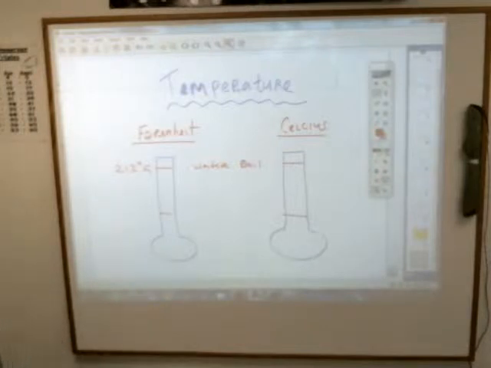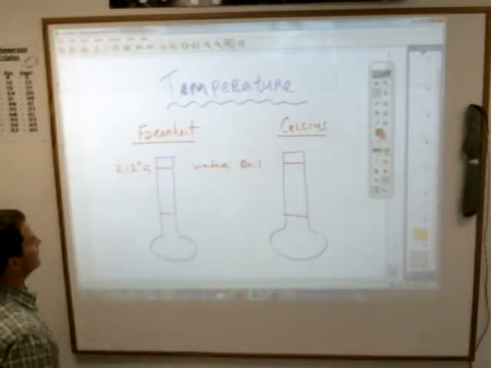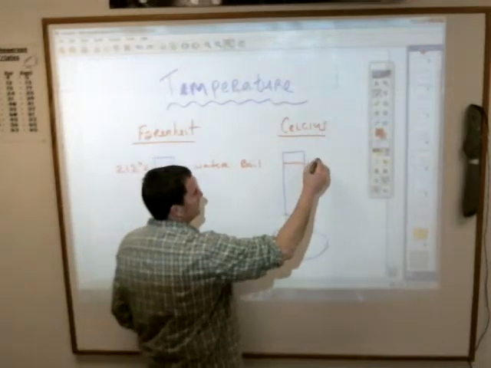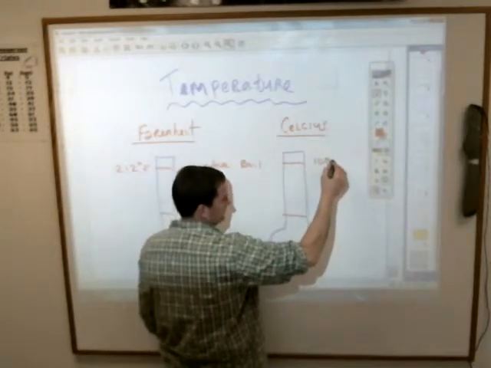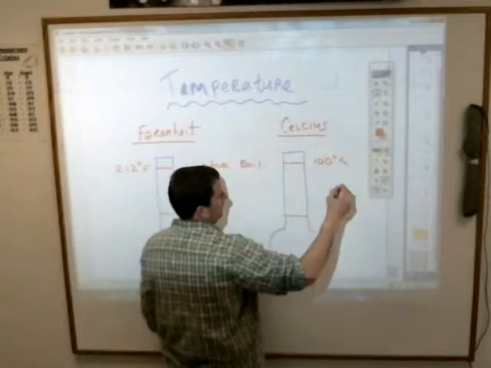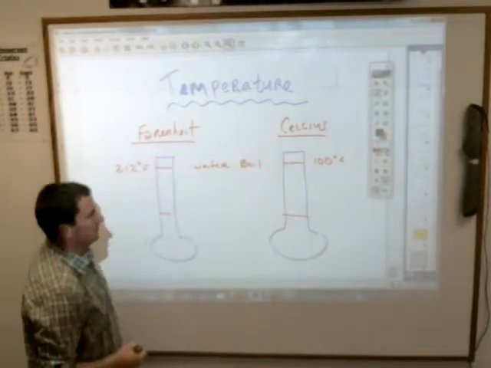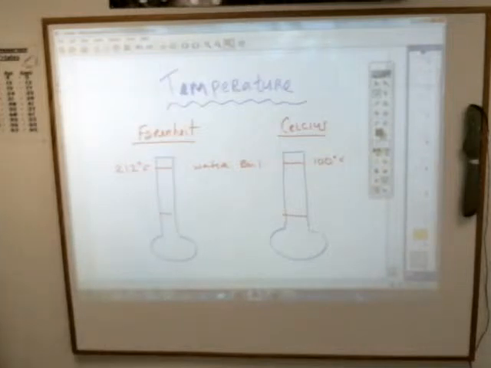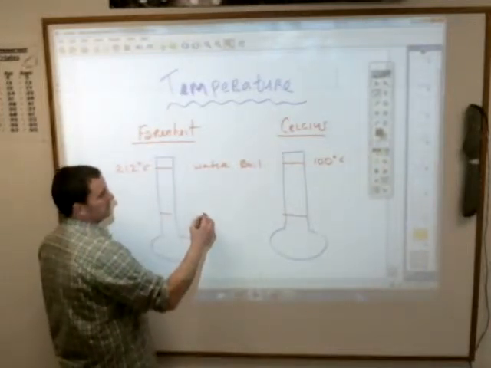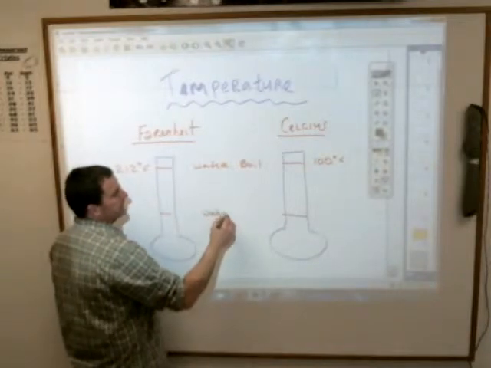In Celsius, to me, it makes a lot more sense. In Celsius, water boils at 100 degrees Celsius. And then obviously, if one temperature is when water boils, the other temperature we're going to look at is, when does water freeze?